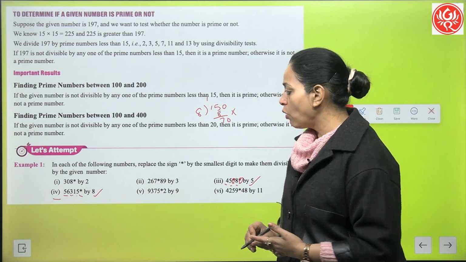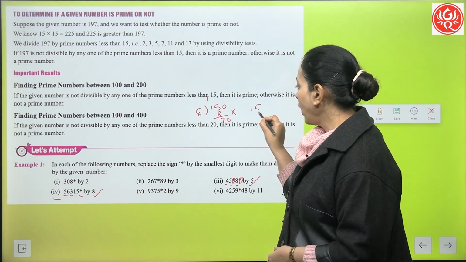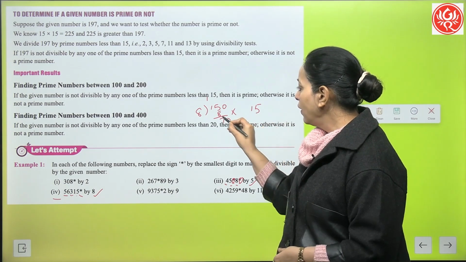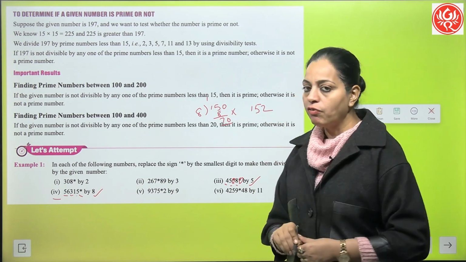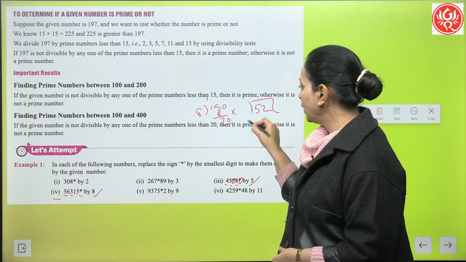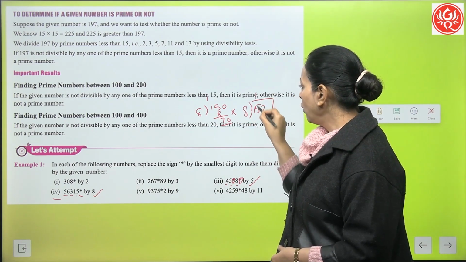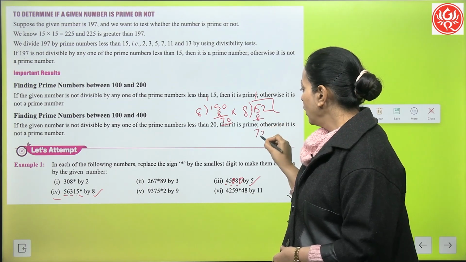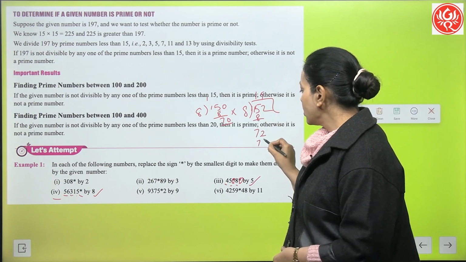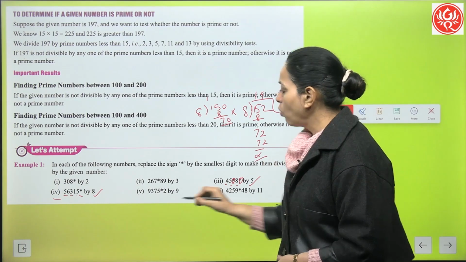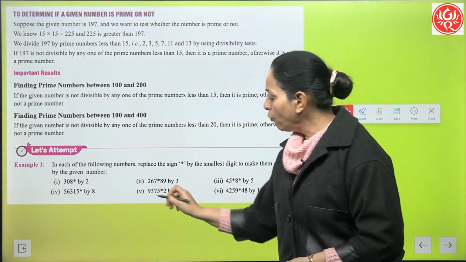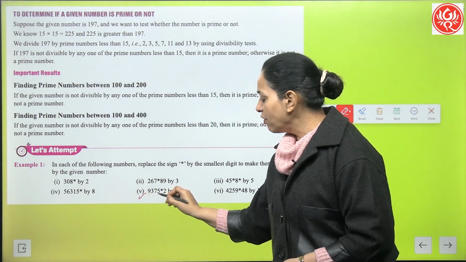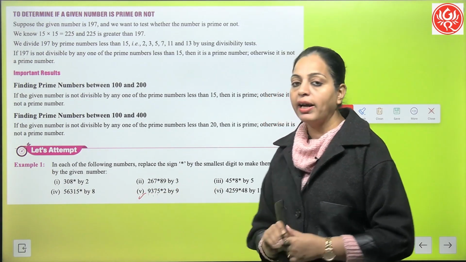We have to think about it. 152 लेके देखते हैं. So here 8 ones are 8 and 8 nines are 72. So here what is the answer? Answer is 2.